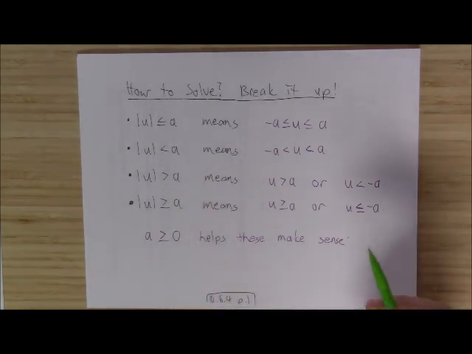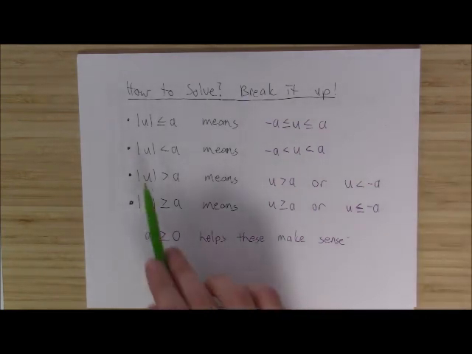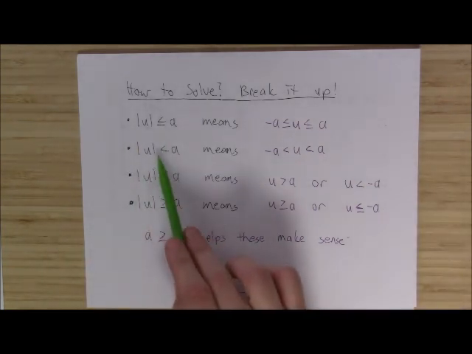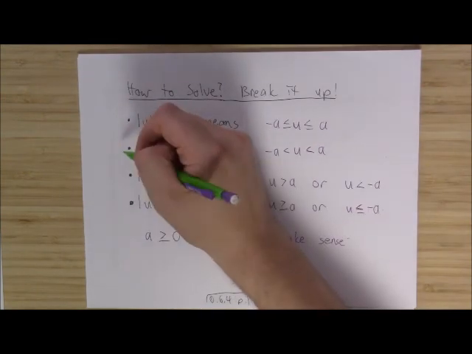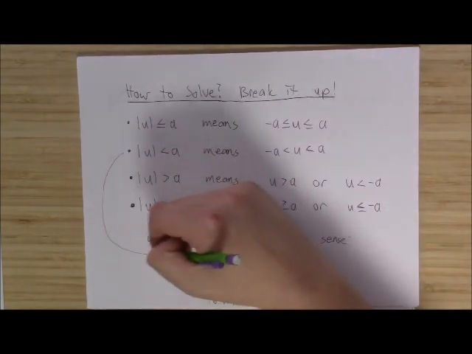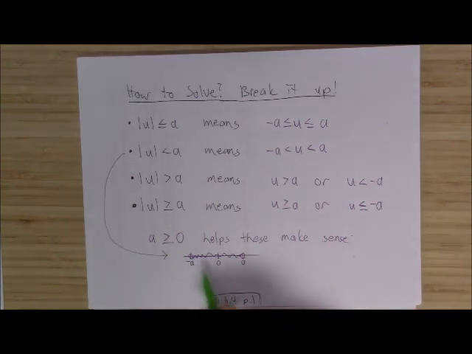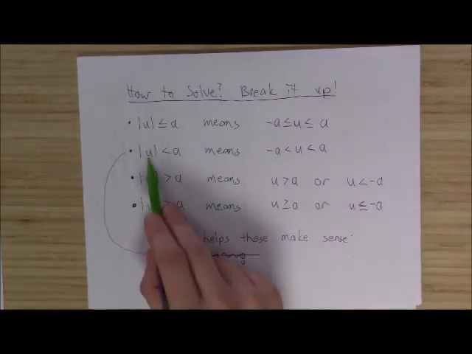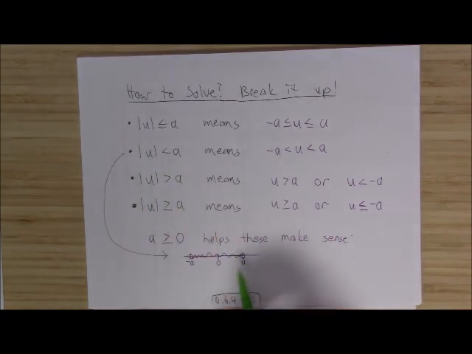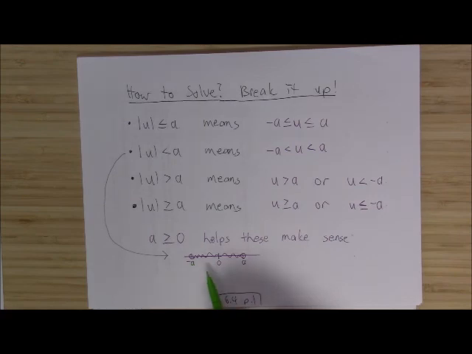So if we were to talk about this inequality, what would we be saying? Well, we would be saying that the distance that u is from 0 is at most a away. Well, it could go this direction, but it could also go in the negative direction distance-wise.